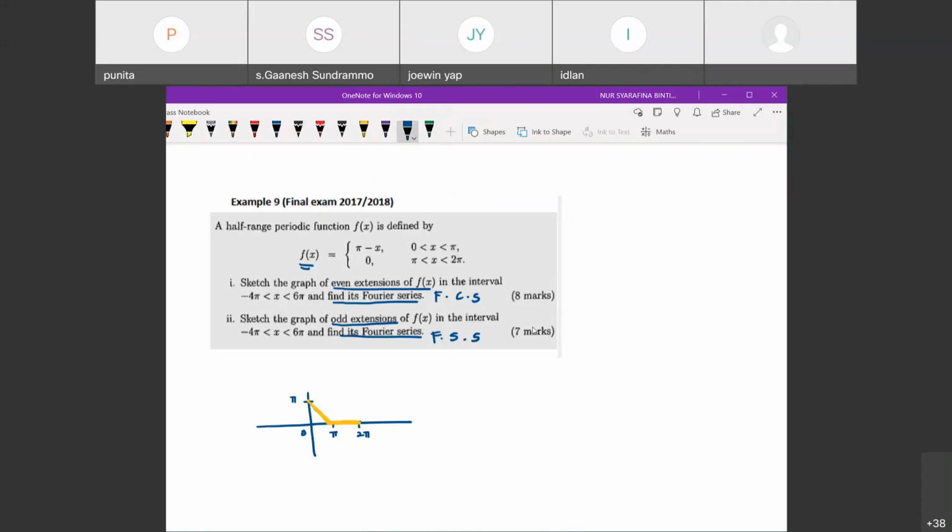Okay, now let's plot from this 0 to 2 pi first. So if it is even, you know that it should be symmetric about the y-axis. So this should be symmetrical here, right? Am I right? So this one is 0, negative pi, negative 2 pi.